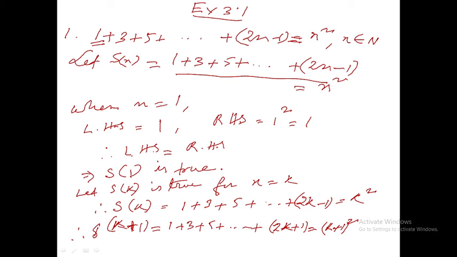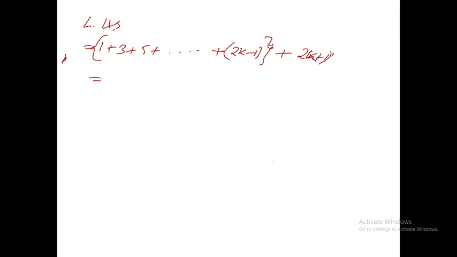Sk: 1 plus 3 plus 5 plus dot dot dot 2k minus 1 equals k square. So this value we shall put here. This much equals k square, and here we are getting 2k plus 1. This one I can write as (k plus 1) whole square. That means we are getting the right hand side.